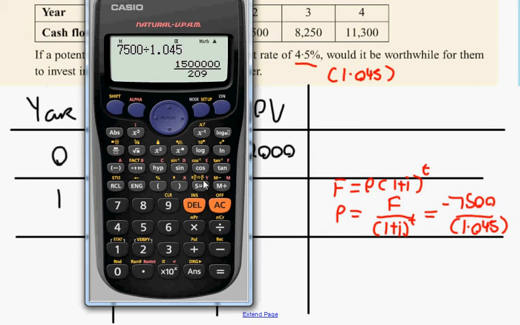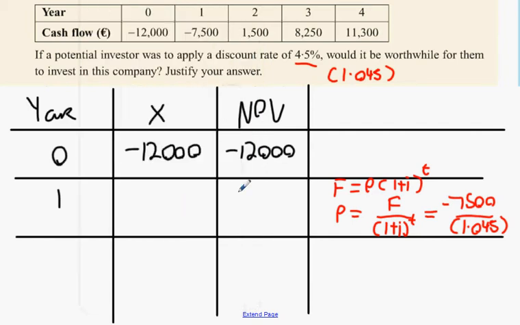It's equivalent to losing 7,177 euro and 3 cents today. So 7,177.03. So losing 7,500 in a year's time is the same thing as losing 7,177 euro today. What does that mean? Because you could have invested it. You could invest your 7,177 for the year, and it'd sum up to 7,500 euro in a year.